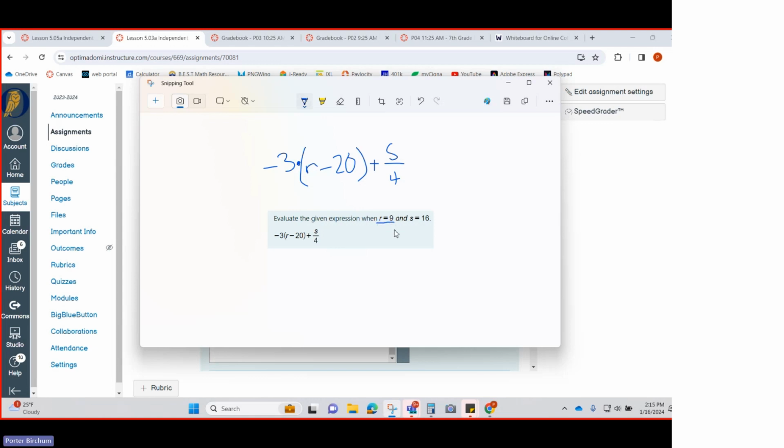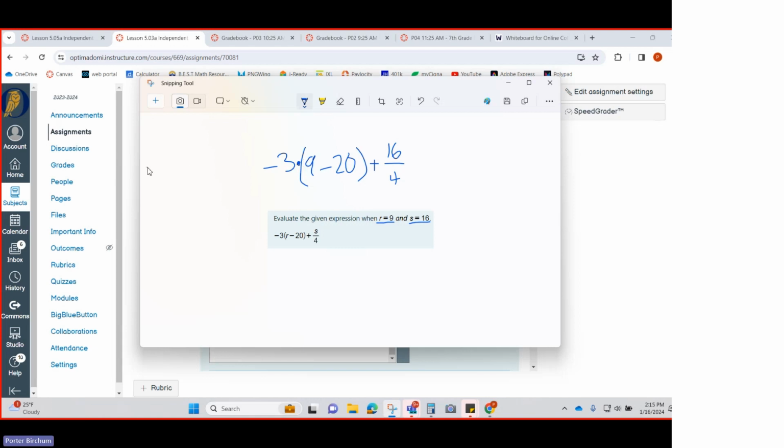R is 9 and S is 16. So I'm going to erase R and put 9 in its place. And I'm going to erase S and put 16 in its place. I have now -3 times, in parentheses, 9 minus 20, outside parentheses, plus 16 divided by 4.